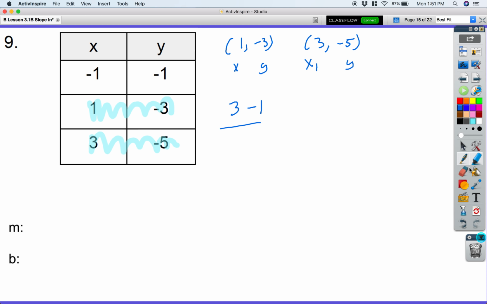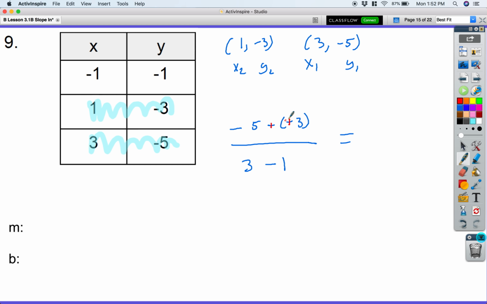Oh, I messed up. Hold on. I was doing change in x over change in y. All right, so then x2, y2. So if I have -5 minus a -3, that's y2 minus y1, and then I have 3 minus 1. This would give me -5, take away a -3, this turns to a positive.